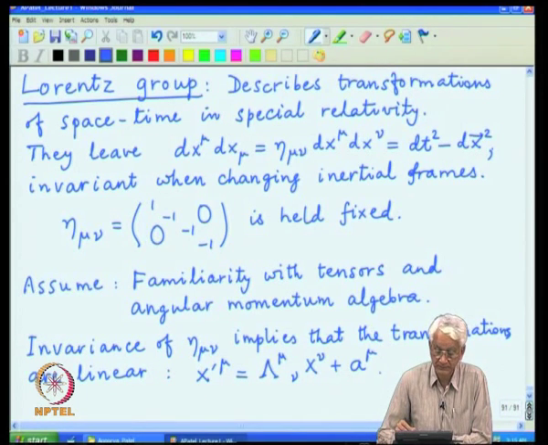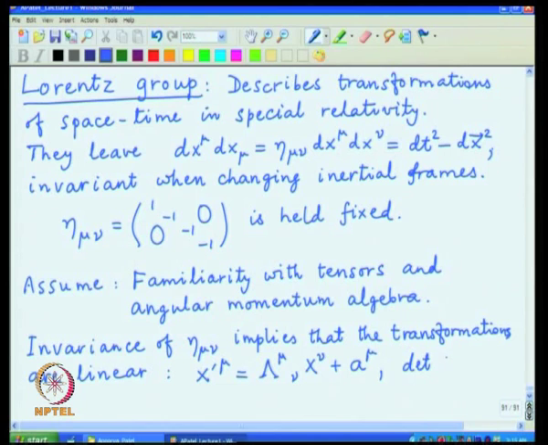That leads to a constraint that it is a linear transformation, but in addition the square of it, characterized by the determinant, is equal to 1.